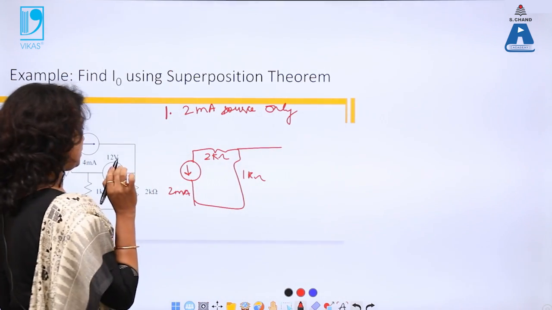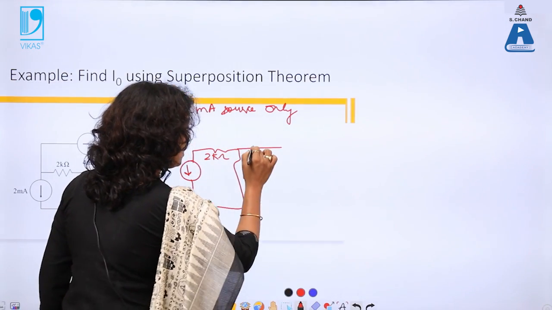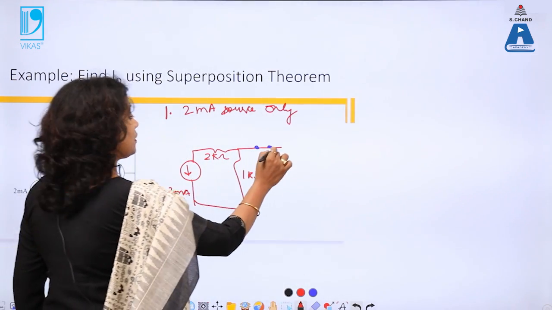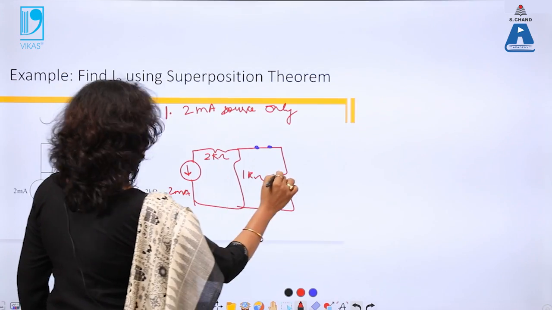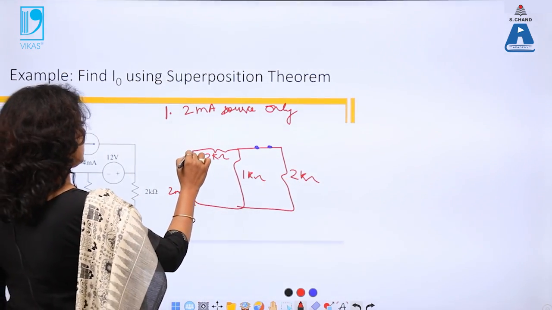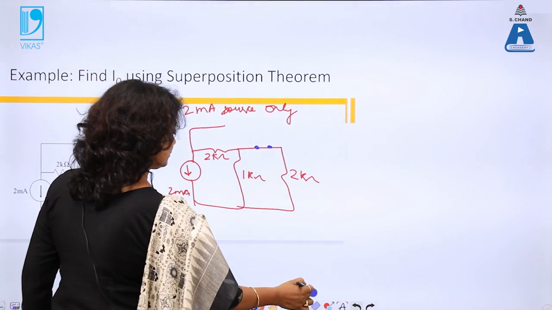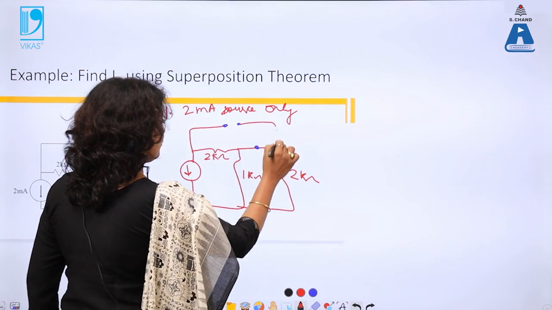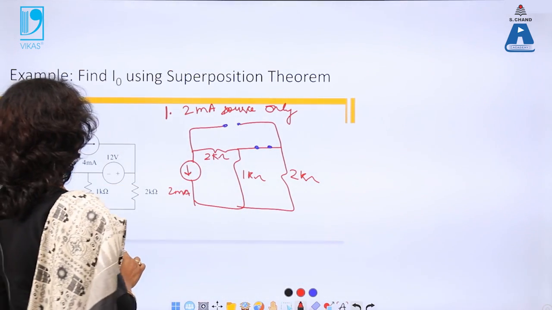So I am short circuiting it. So this is my short point because of voltage. Then there is 2 kilo ohm, and the current source is open circuited because the internal resistance is infinite.